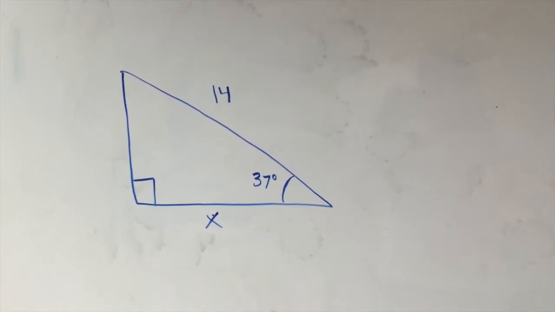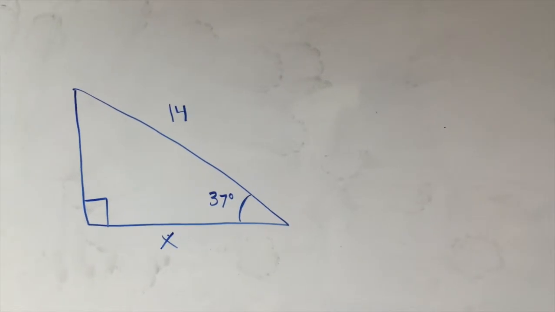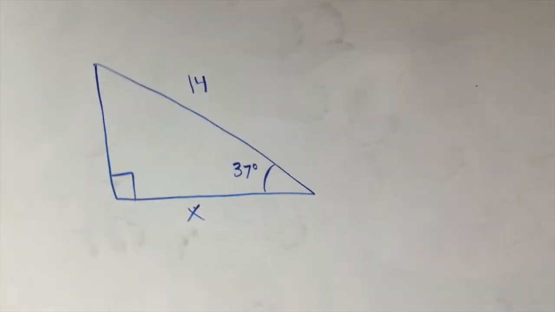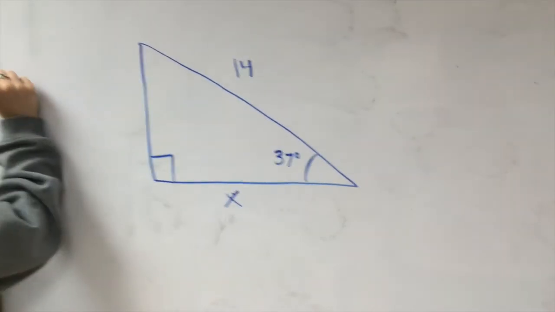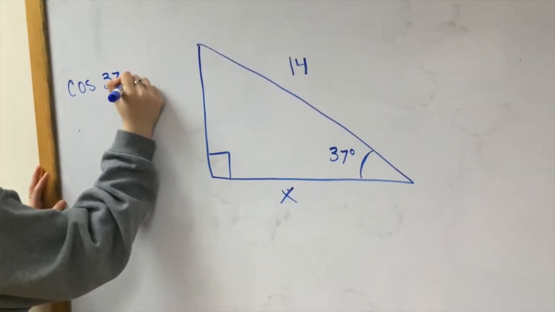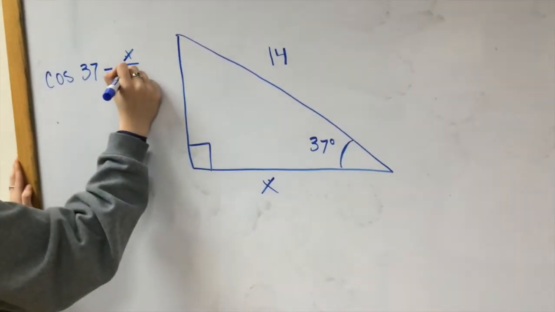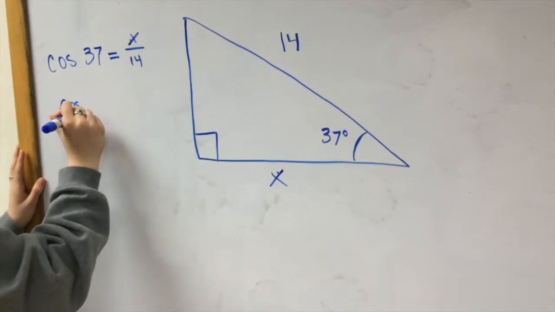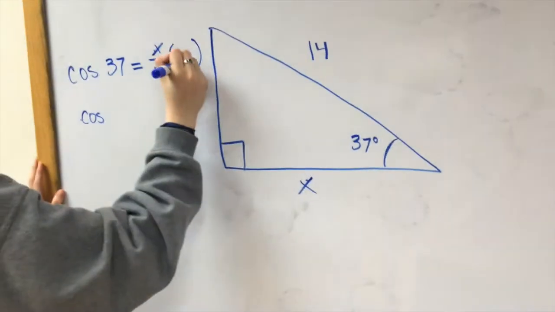The adjacent leg is x, and the hypotenuse is 14, and we're trying to figure out the cosine of the angle of 37. Cosine of 37 equals x over 14. Then you bring over the 14, so multiply the whole thing by 14.